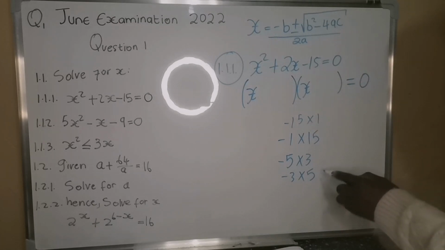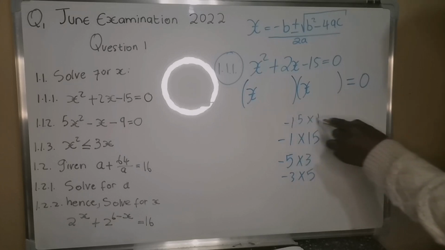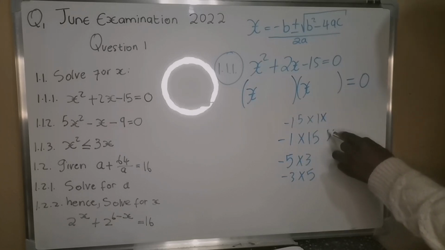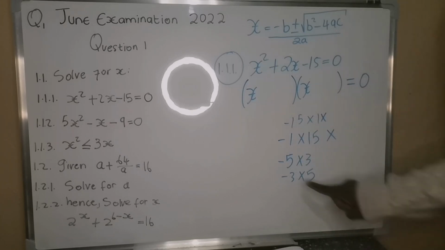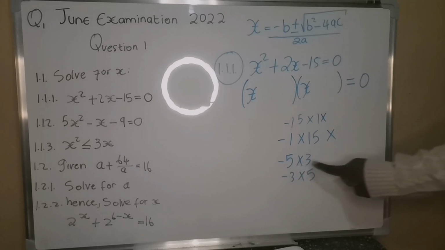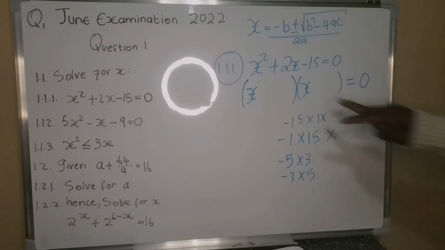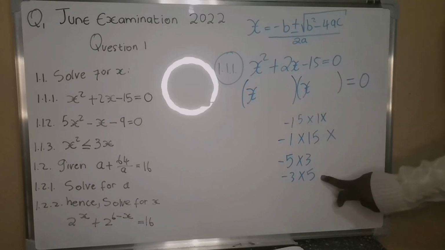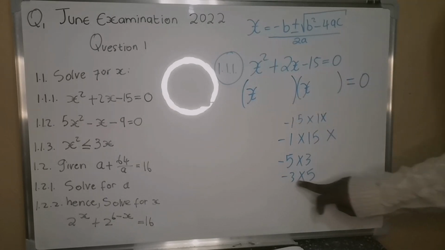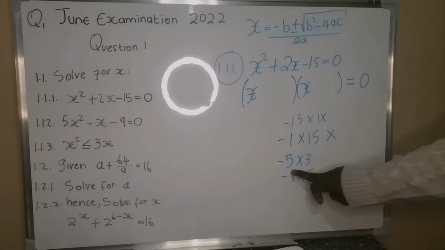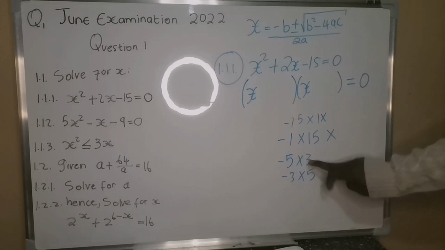I know that this one does not qualify, this one does not qualify, but I can see there is 5 and 3. I know that 5 minus 3 is 2. That means I need to have 5 minus 3 here. Negative 5 plus 3 is not positive 2.